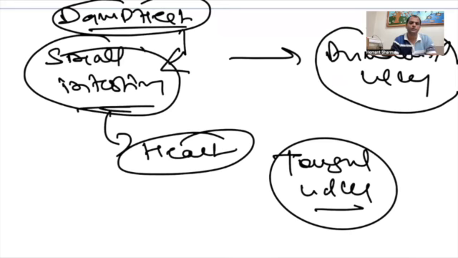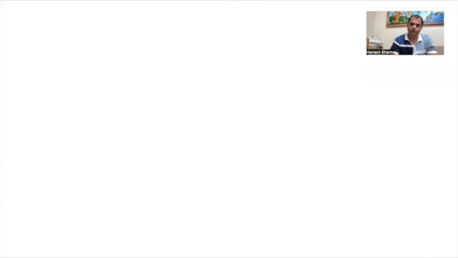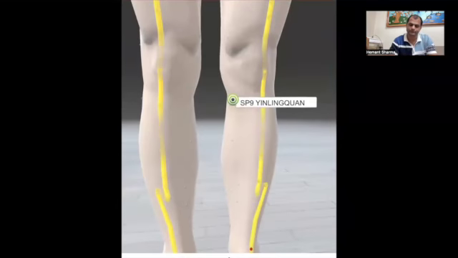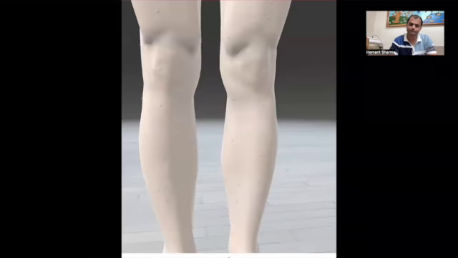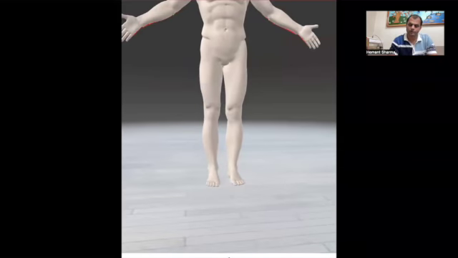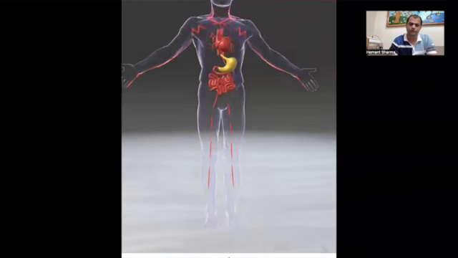If there is damp heat in our small intestine, there can be an ulcer in the duodenum and also sores on the tongue. Not only this, if you look at the root of the small intestine meridian, let's see here. So this is the small intestine meridian.